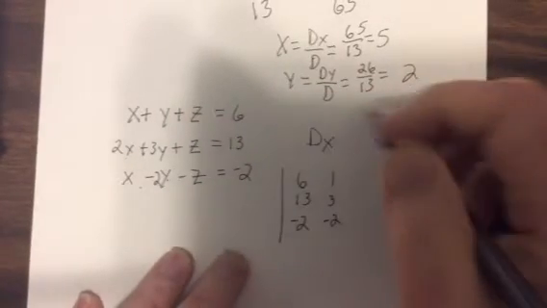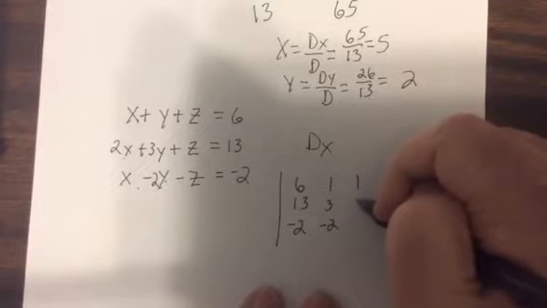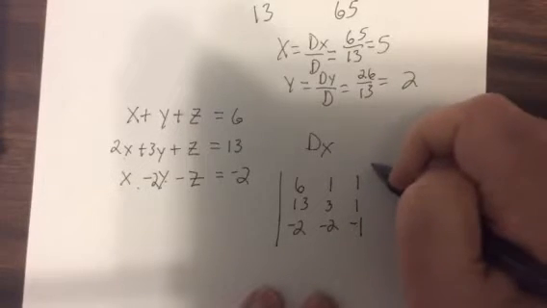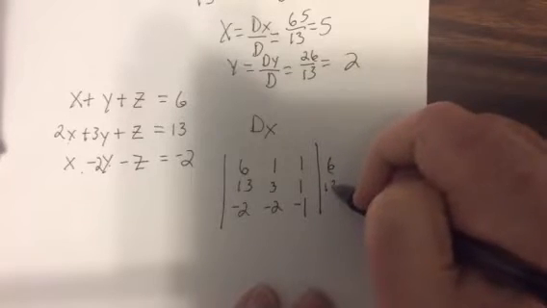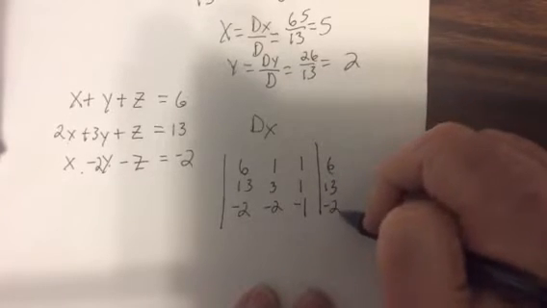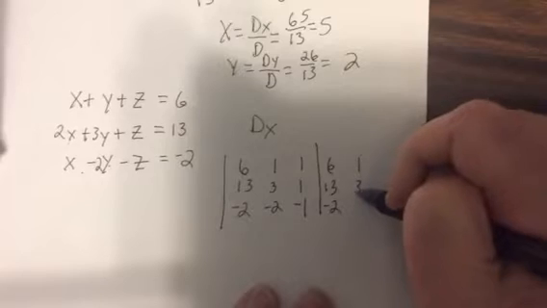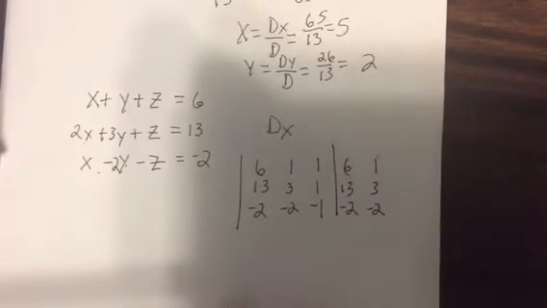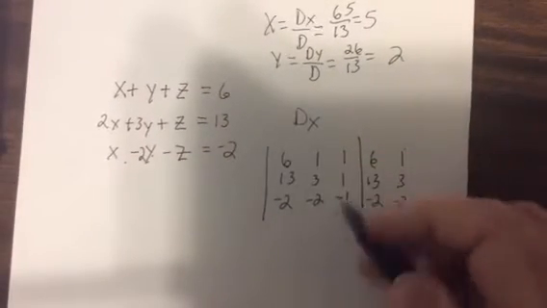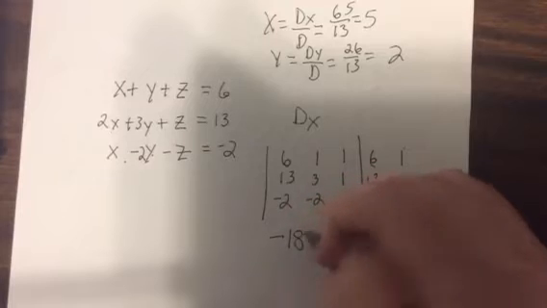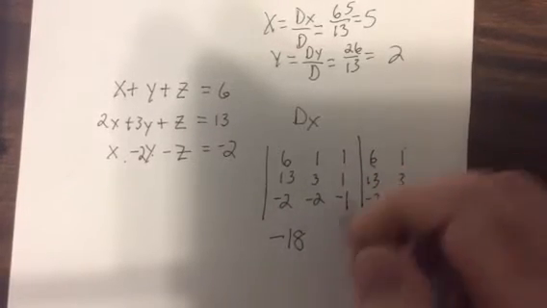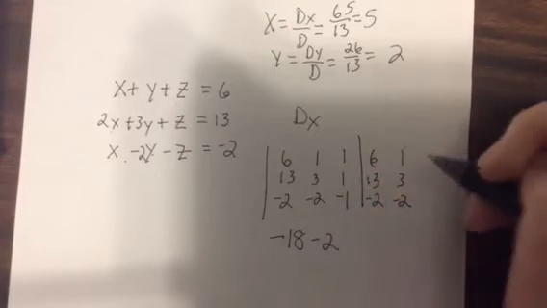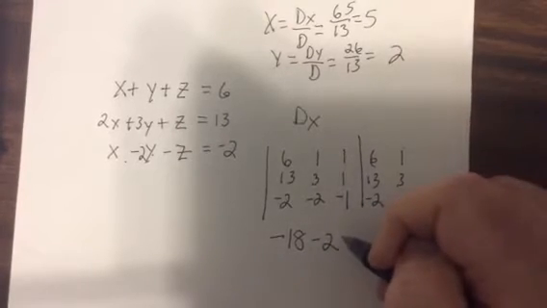And I have 1, 1, negative 1. So then I'm going to put in the 6, 13, negative 2, and 1, 3, negative 2. So that would be minus 18, minus 2, minus 26. Wow.